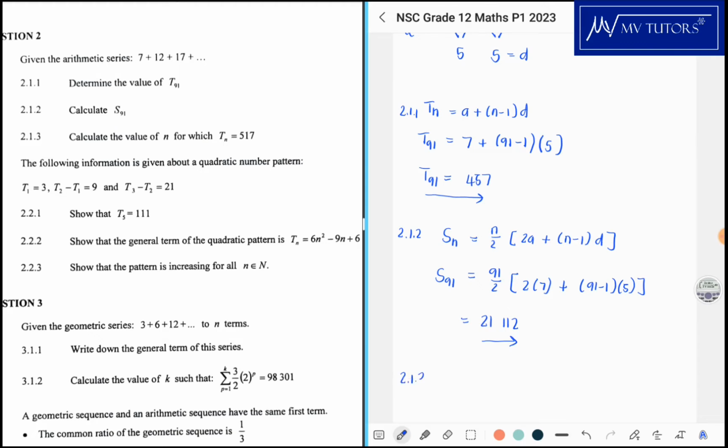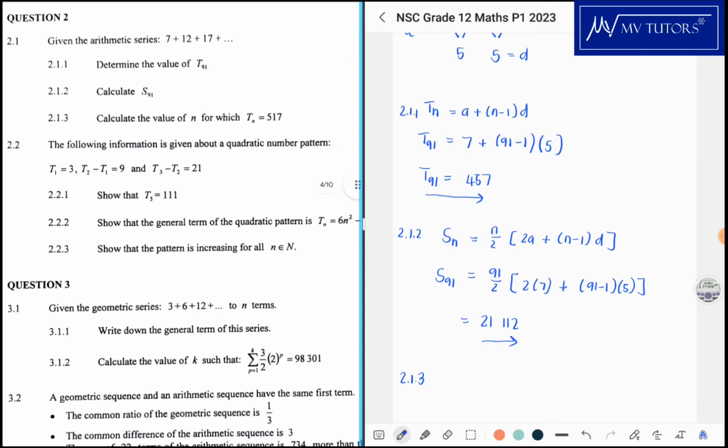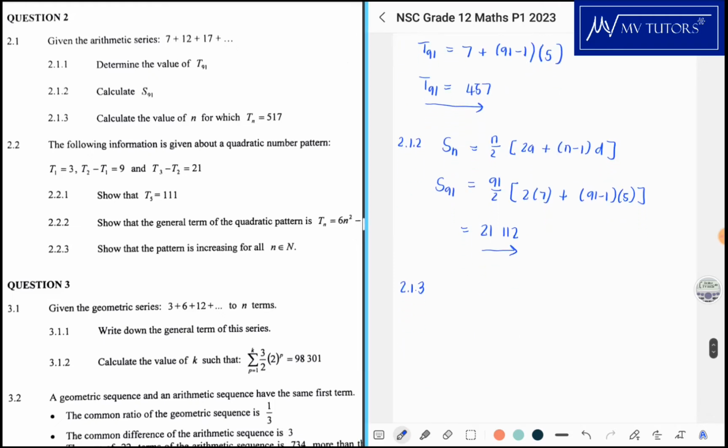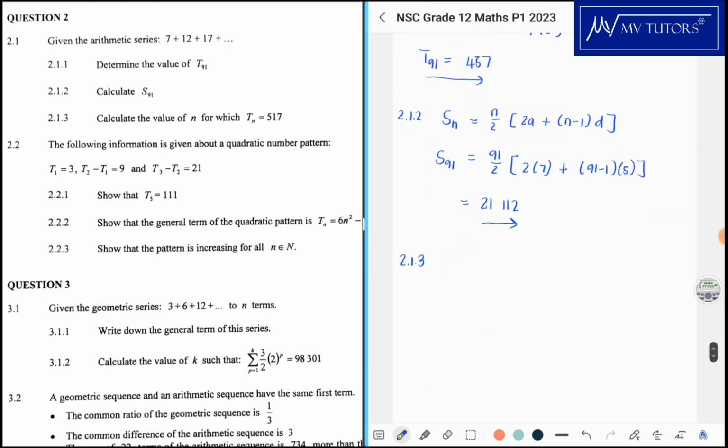Okay, and then 2.1.3, it says calculate the value of n for which Tn is 517. Okay, so actually we need our Tn formula. Let's just get that quickly. So we have Tn is equal to a is 7, plus n minus 1 times d is 5.